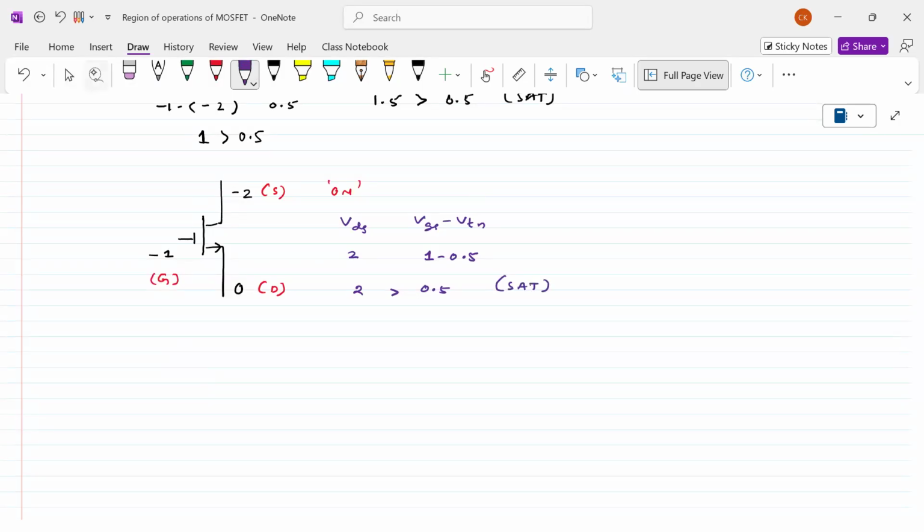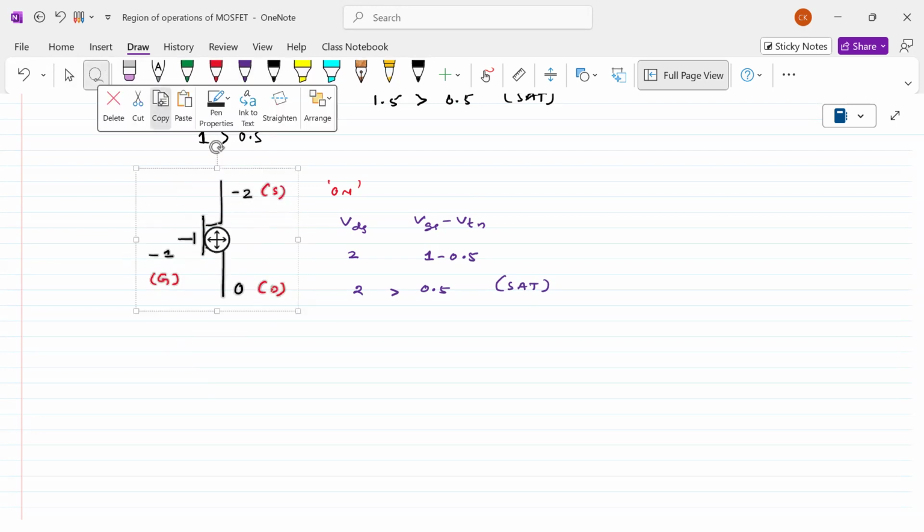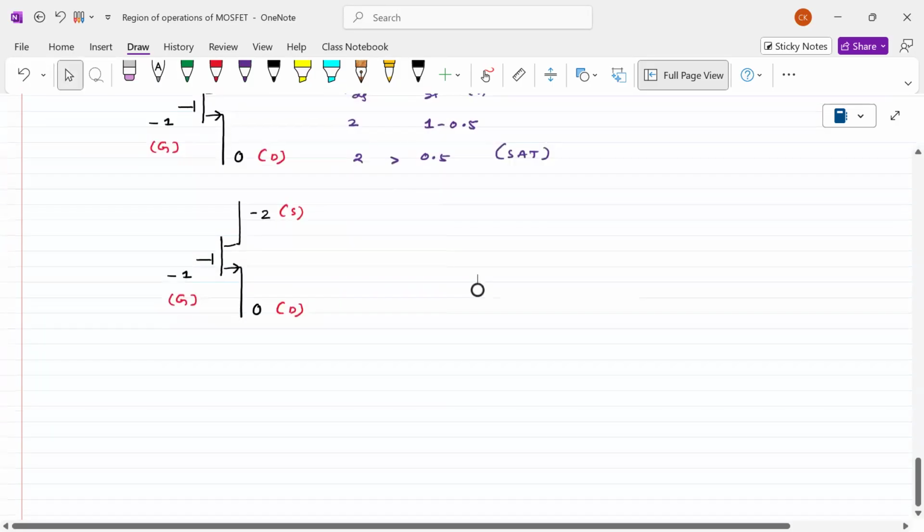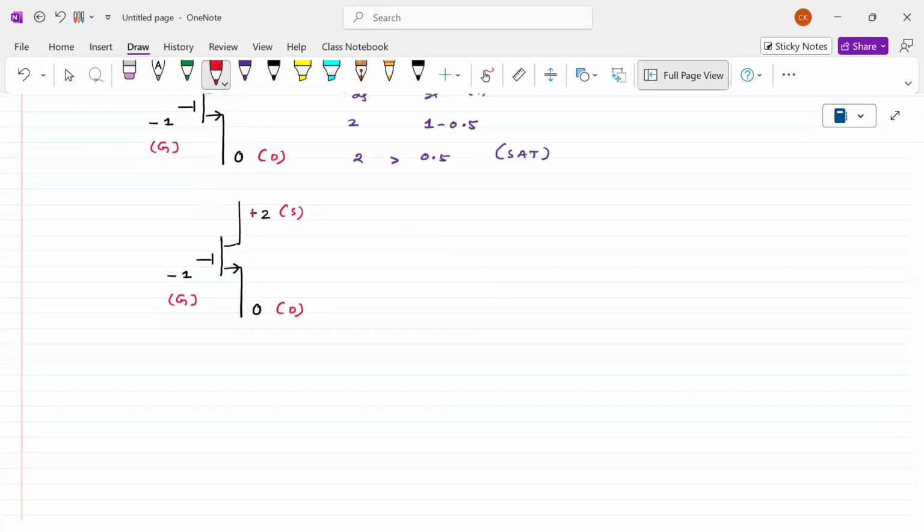Okay. If I take the same thing, if I take this as positive, for example, and make this positive. Can you please tell me what happened to this one now?